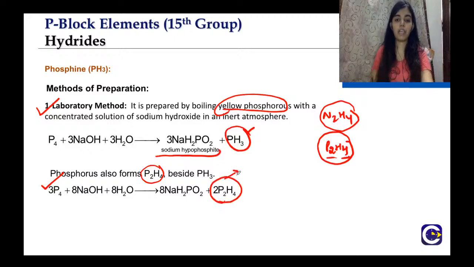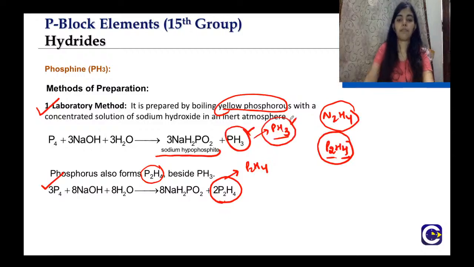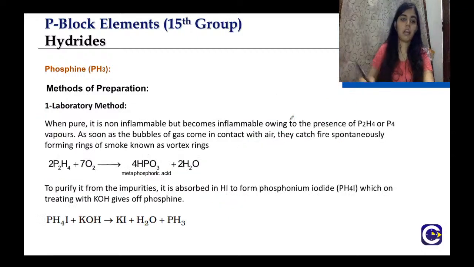So this is the preparation for P2H4 and this is the preparation for phosphine. Okay. Now, if you see, when pure it is non-inflammable but becomes inflammable owing to the presence of P2H4 or P4 vapors.